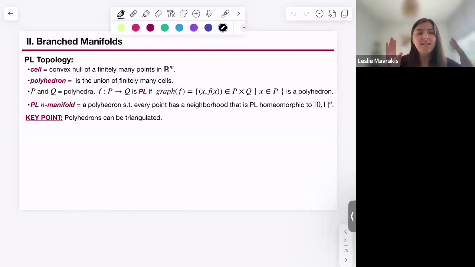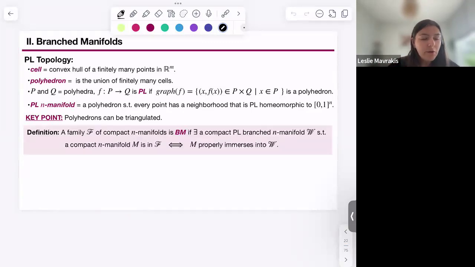What is the second perspective? So we have this perspective of a family of compact manifolds being LCD. What is the branched manifold perspective? We say that a family of compact N manifolds is BM, so you should think BM for branched manifold, if there exists a compact PL branched N manifold.